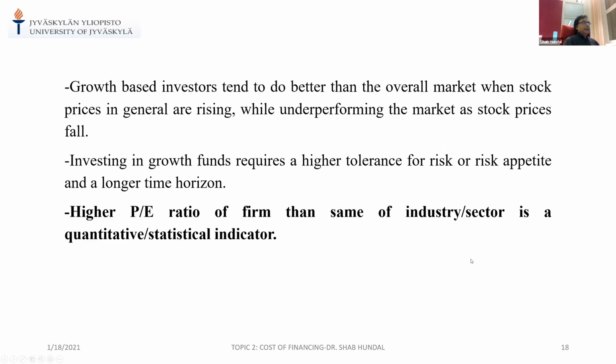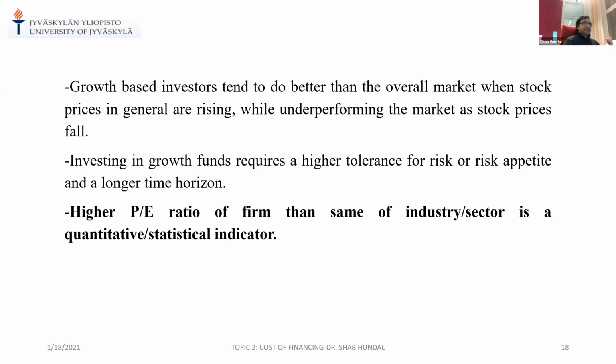Now, the growth-based investors, if they find by the price to earning ratio that the stock is overvalued, they don't sell it. They just do the opposite to what the value-based investors do.